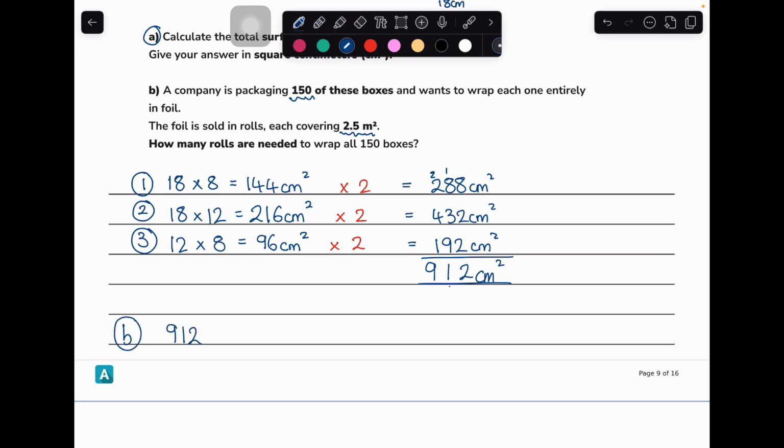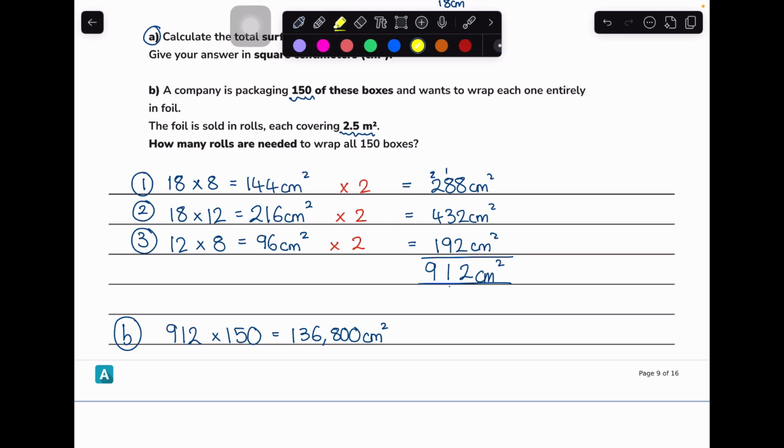So 912 multiplied by 150 gives me 136,800 centimeters squared.